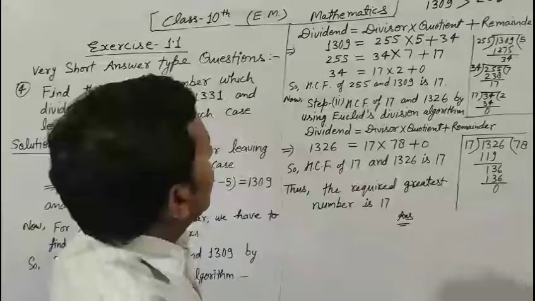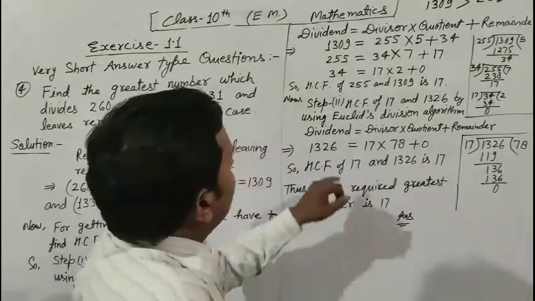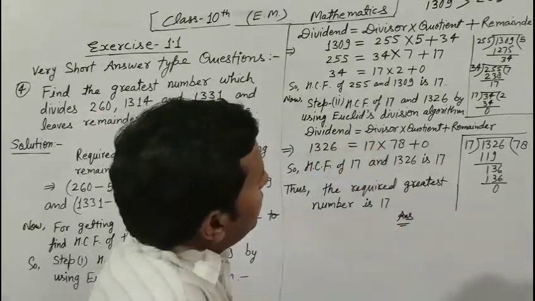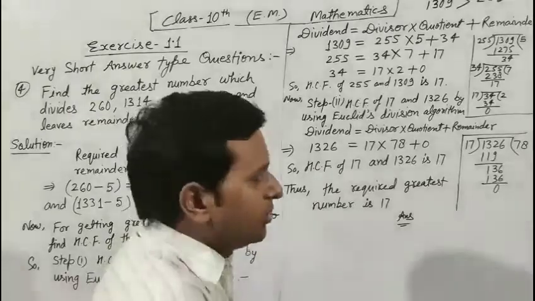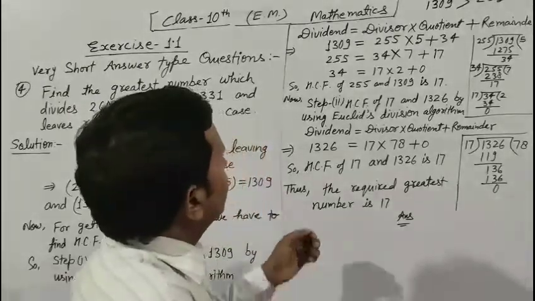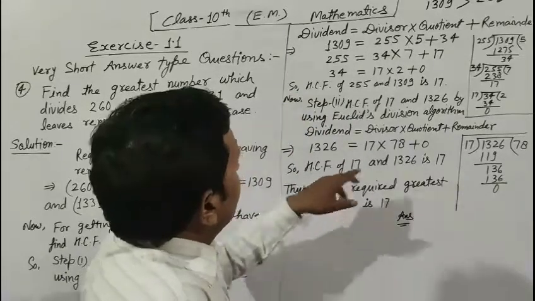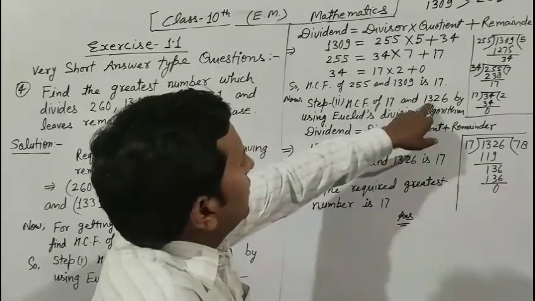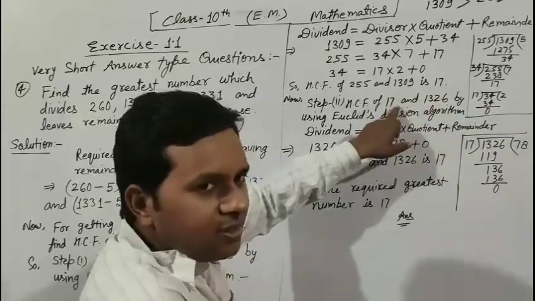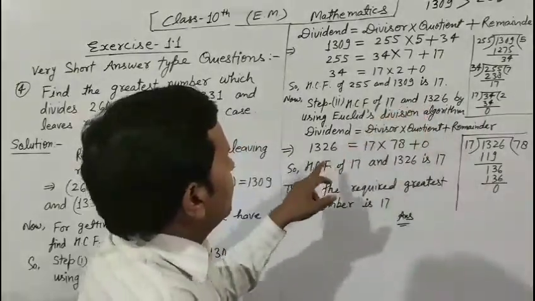Again we write the formula: dividend is equal to divisor into quotient plus remainder. 1326 is greater than 17, so the greater number is the dividend.